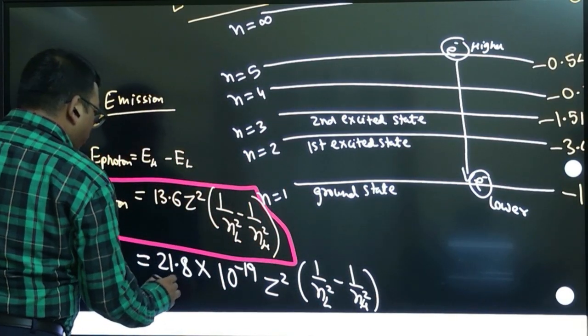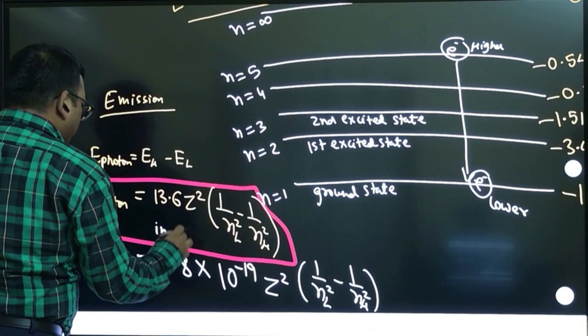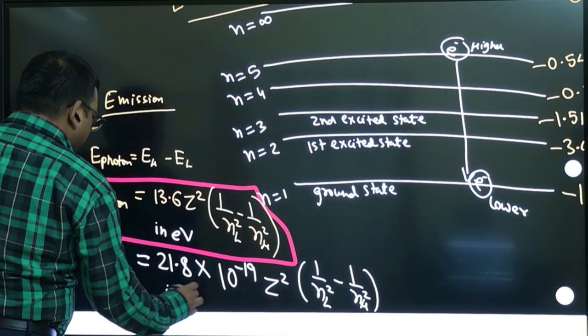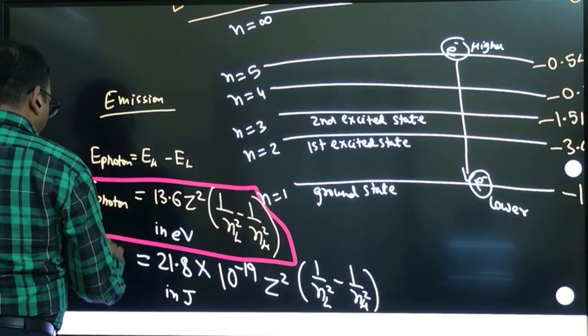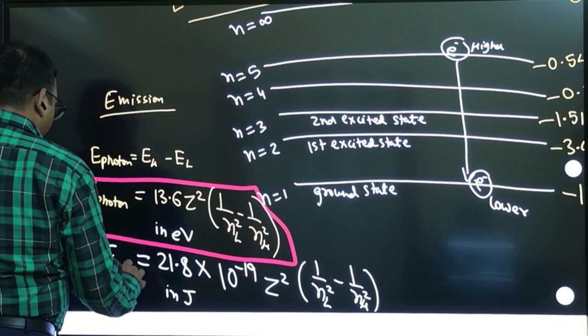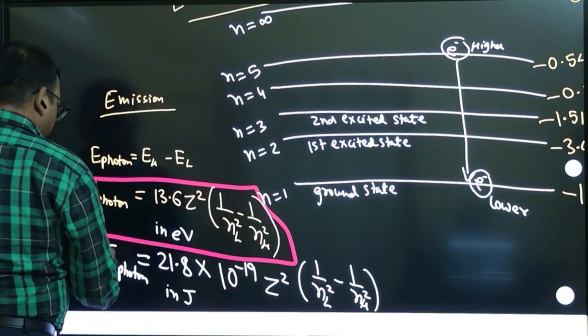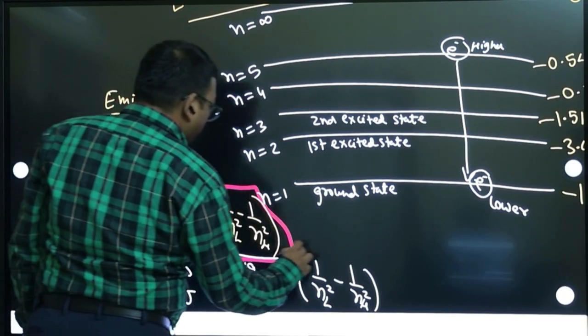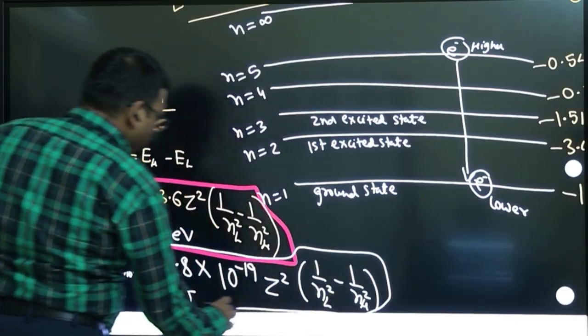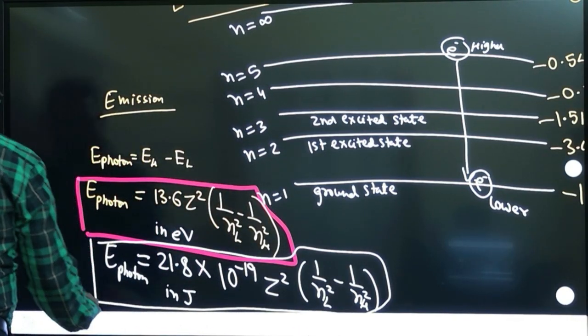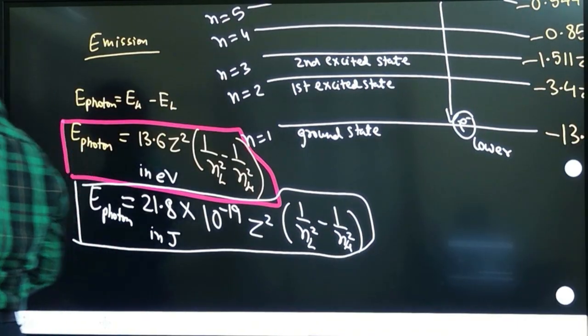This is in joule. Note that the earlier one is in electron volt and this is in joule, which is the SI unit. Okay. So the energy of the photon can be written in electron volt, or we can write it in joule. Okay. Then what else?